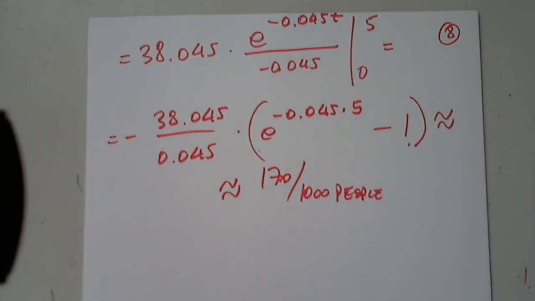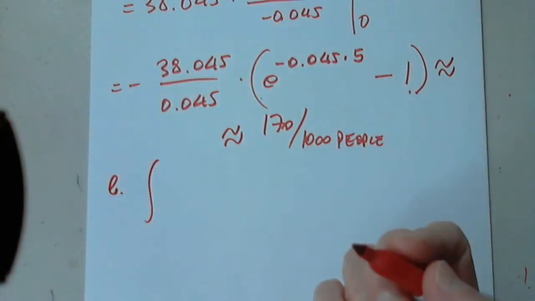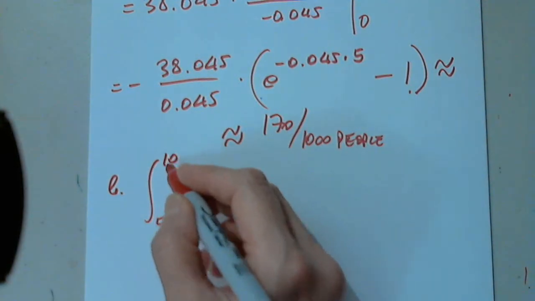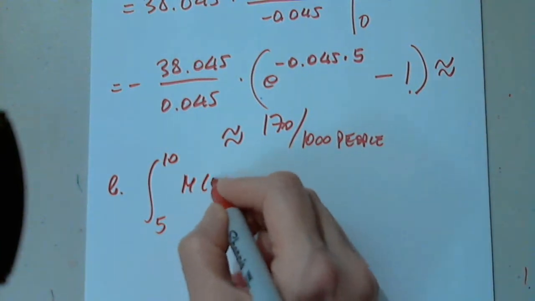And we're also asked to find the same thing, in part B, for between 2015 and 2020. So this is between 5 and 10. Okay, from the same function, from m of t dt.